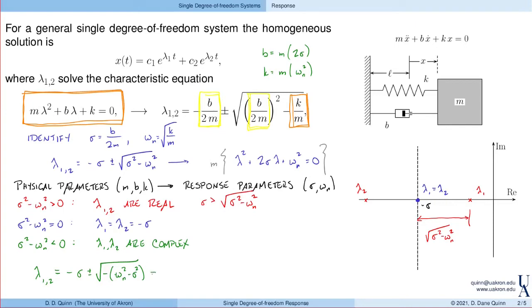And so then we'll write this as minus sigma plus or minus i times omega d, where omega d is defined as the square root of omega n squared minus sigma squared. And in this case, if sigma squared minus omega n squared is negative, then omega n squared minus sigma squared is positive. So this is known as the damped natural frequency. And we'll see that in a later slide.